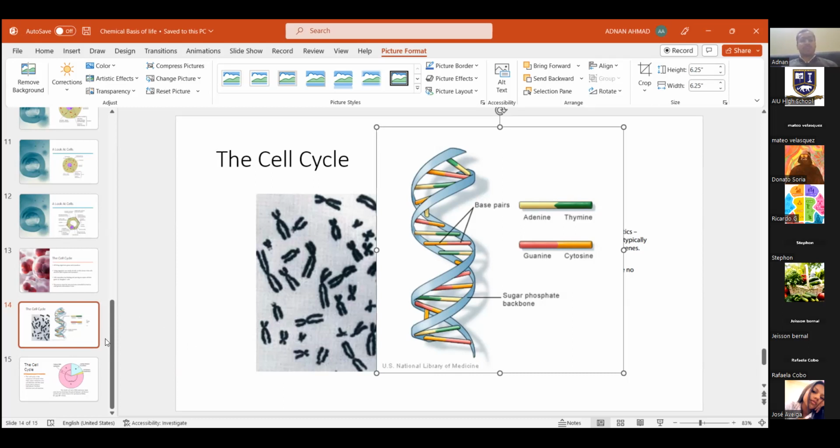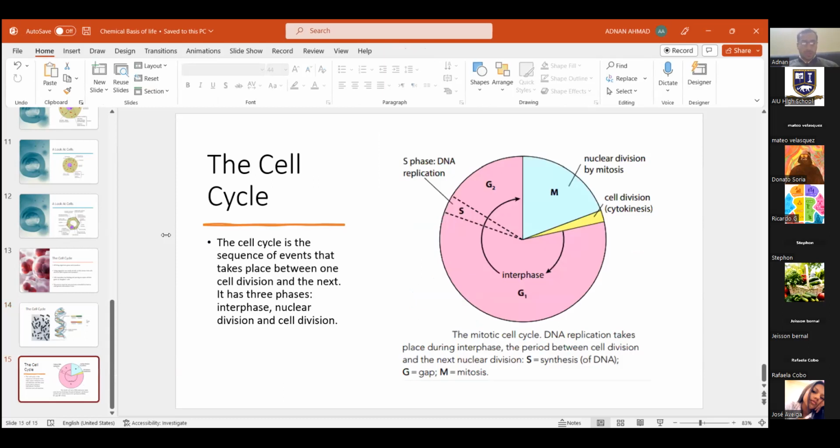So what happens when a cell divides? Here is another slide for you. When does the cell decide that it needs to replicate? We divide this into 4 main parts.